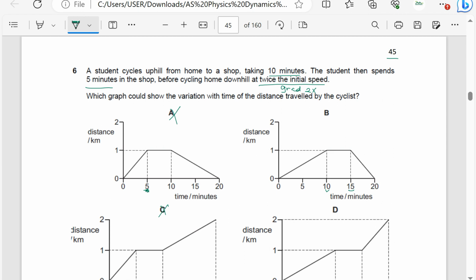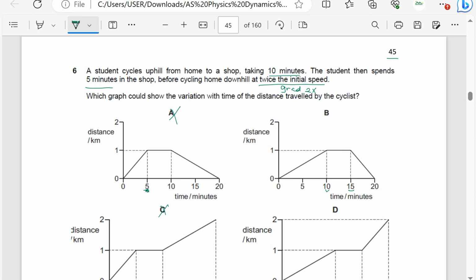Cycling home means the distance should decrease. But because distance is a scalar quantity, we don't mind about the direction, so the direction can remain the same. Which graph could show the variation with time of distance traveled by the cyclist?